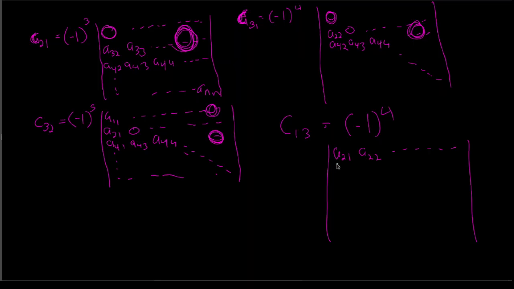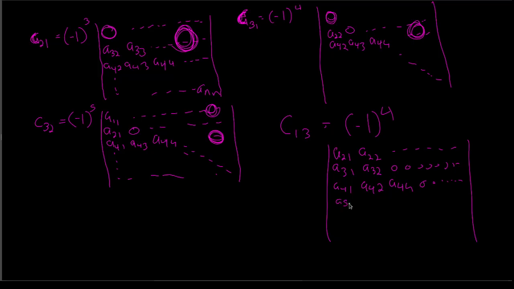I'm going to have A31, A32. I'm not going to have A33, so it's all zeros from here on out. And then I'm going to have A41, A42, A44, all zeros from here.